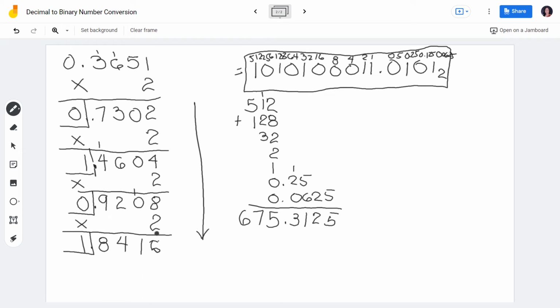Actually, in real life, the goal is to make this fraction part approach zero. That is possible if the fraction part is a sum of these powers of 2. But what if the number is not? That's why there are times that the values are repeating, or will never approach zero, because it's not really part of the powers of 2.